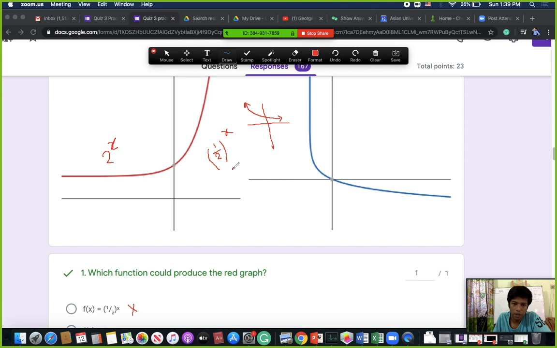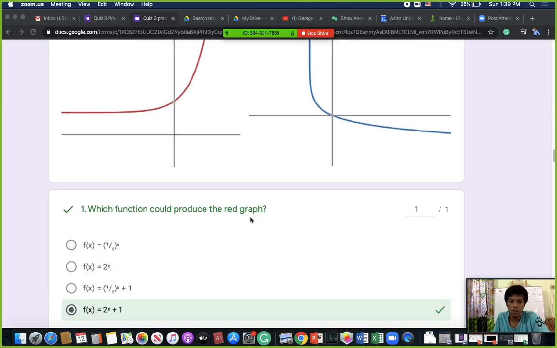So 1 by 2 to the power x means actually 2 to the power minus x. The 2 to the power minus x graph looks like this. So basically, that's why the other candidates are not possible. That is the reason.